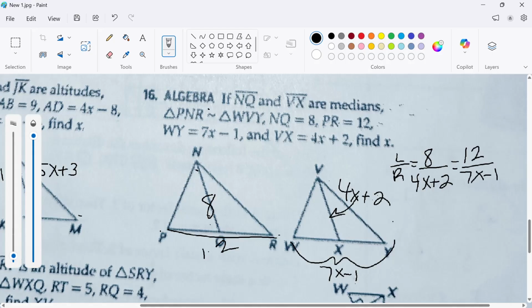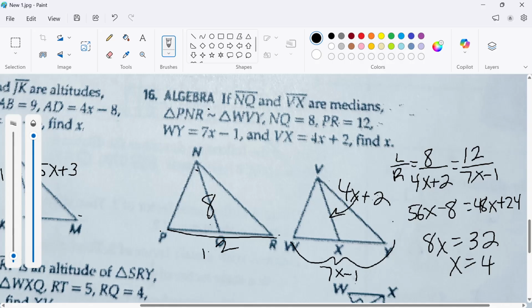So I'll cross multiply. 8 times 7x is 56x minus 8 equals 4x times 12, which is 48x plus 24. I will subtract 48x from both sides, add 8 to both sides. 8x equals 32, x equals 4.